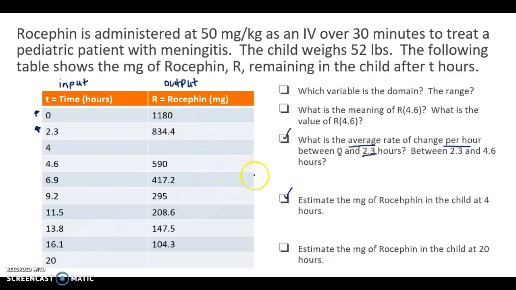So the first thing I'm going to do is take this 1180 and subtract out the 834.4. And with the help of my calculator, sorry, I started writing the wrong number there. With the help of my calculator, I get 345.6.